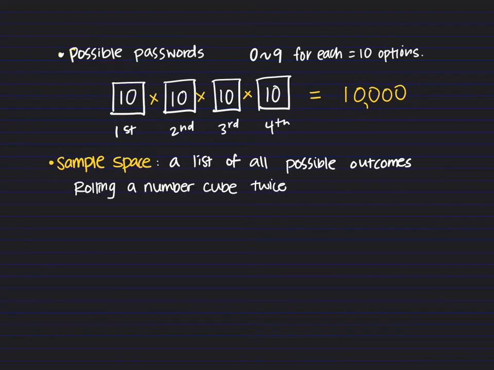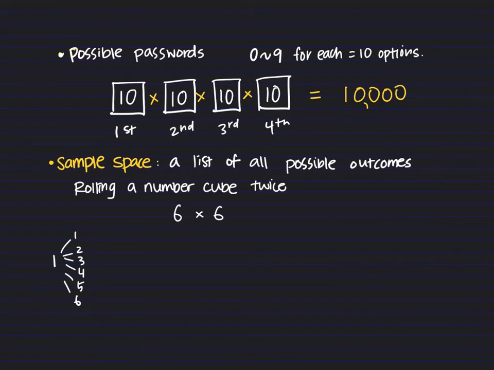So for example, let's say you have a sample of rolling a number cube twice, so rolling a dice twice. You have 6 options for a dice, and then you can have another 6 for the second round. So in finding the sample space, you have to actually write down every single thing. For example, if I rolled 1 for my first number cube, my options for the second one can range from 1 all the way to 6.